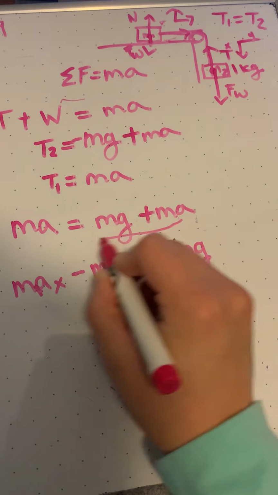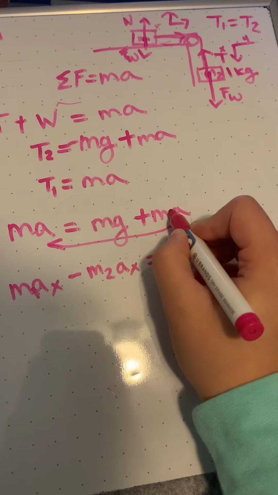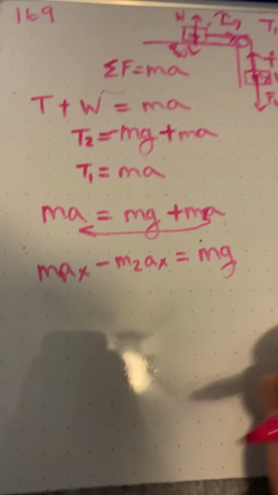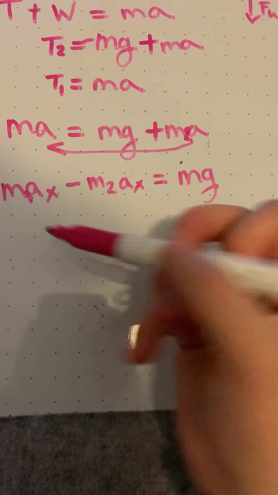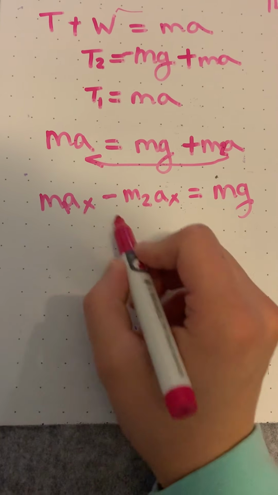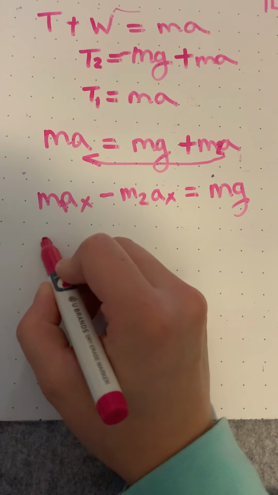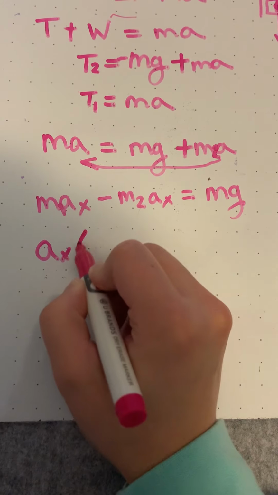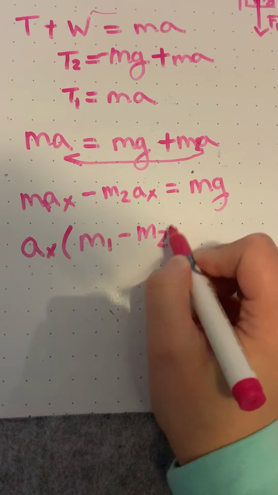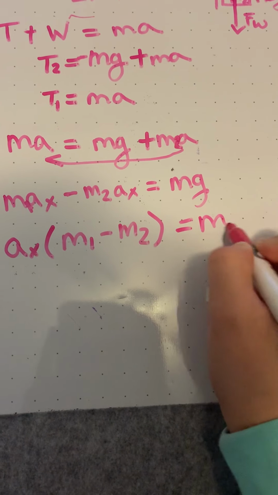I just switched these over here. This is m2 because I got it from this equation here. Since these both have the same value, we can take it out of the equation. So we can say a_x multiplied by m1 minus m2. So now it's isolated, equals m2 g.